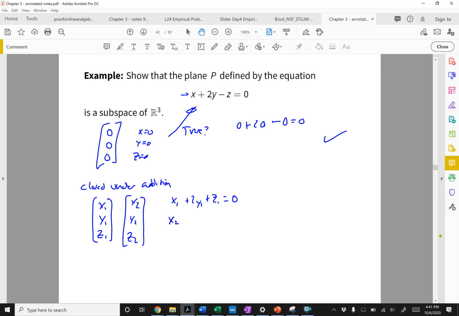And that also means x2 plus 2y2 minus z2 equals 0.